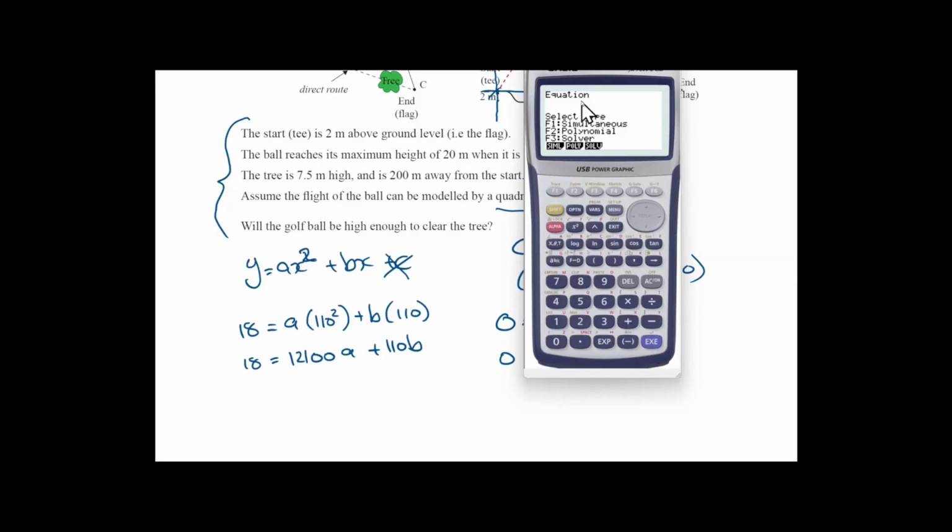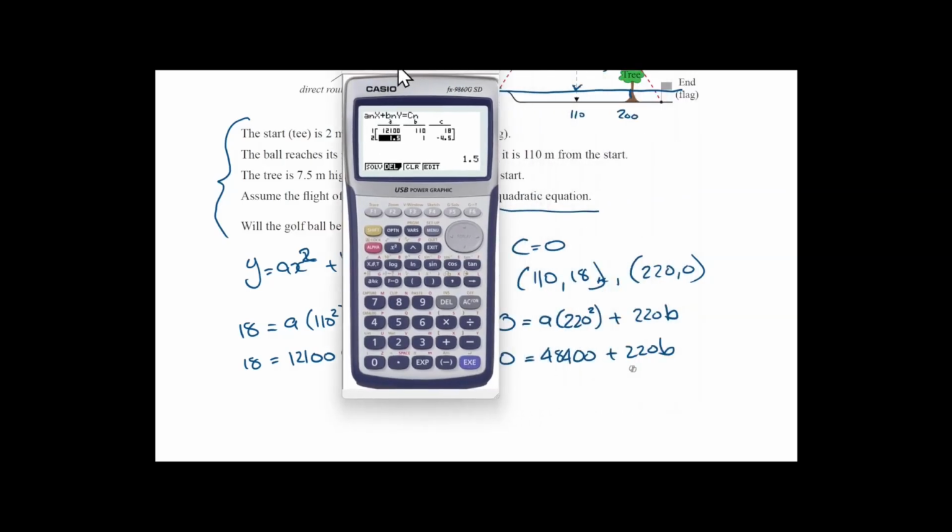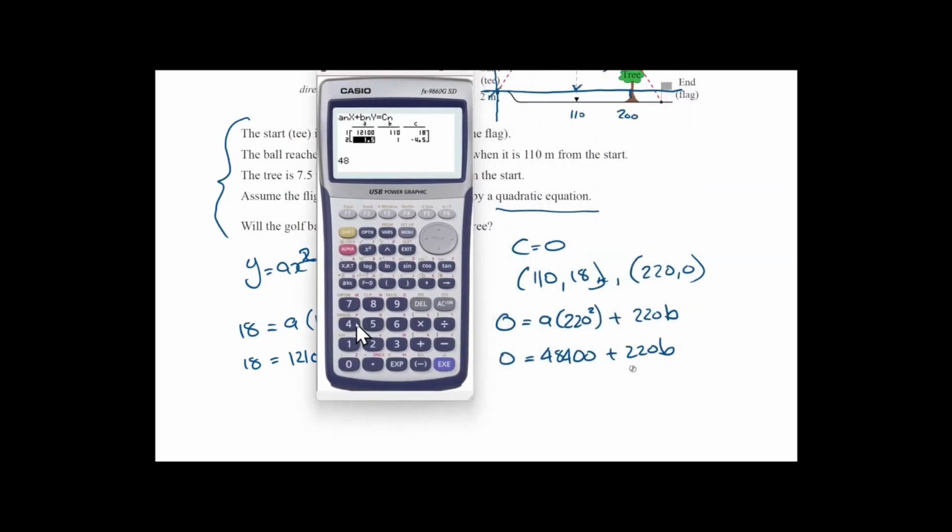Okay, now we can just go in the calculator to do simultaneous equations, which I suggest you do. Maybe say that you use the calculator to do that. So F1, number of unknowns. What was it? 12100, 110, 18, and the other one is 48400, 220 and 0.